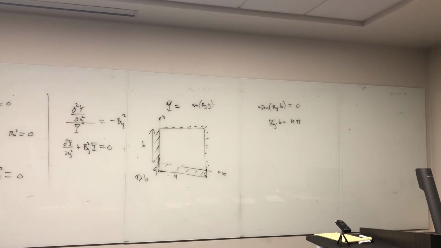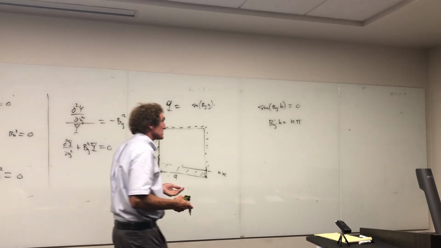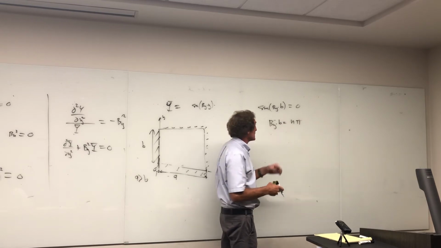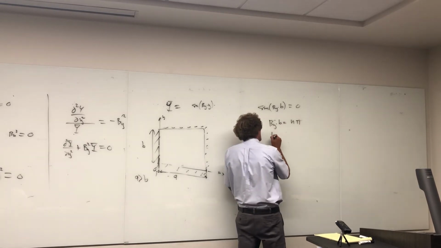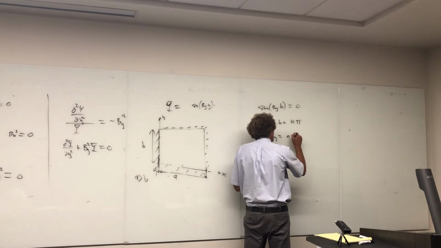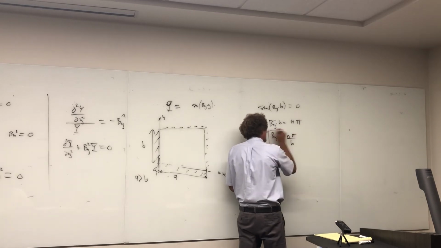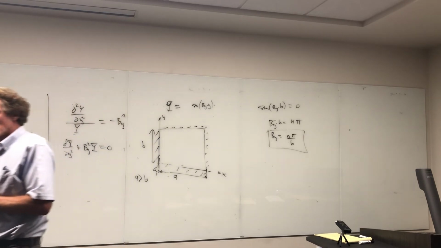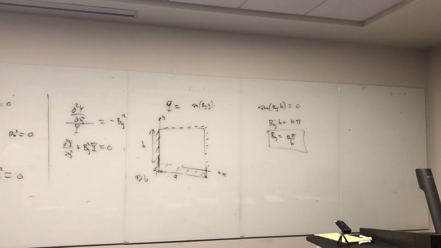Now what happens? Well, when I take a look at this, I notice that beta y is equal to n pi over b. And again, what's the one value that you don't want to see in there for the integer value? That n and m are strict integers. Class? It's 0, because what's the sine of 0? It's 0, but then the solution here, what?